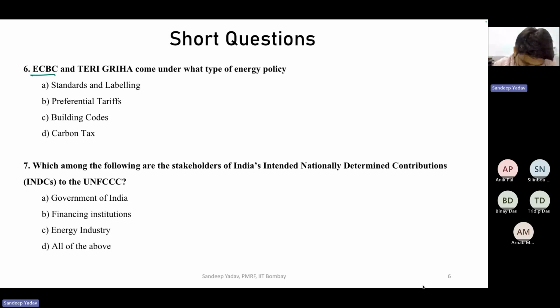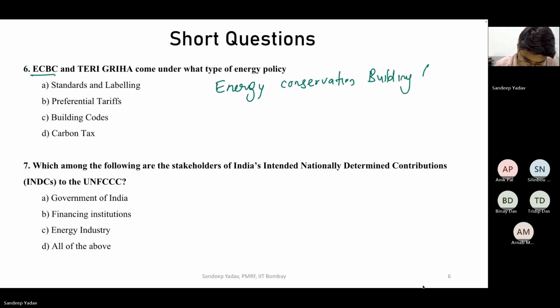ECBC stands for Energy Conservation Building Code. Both are policy related things, basically the building energy codes.